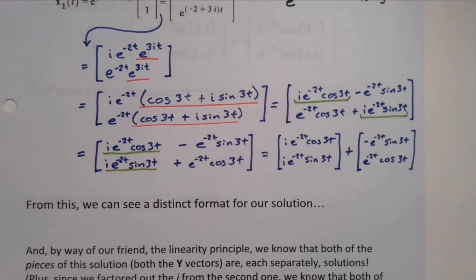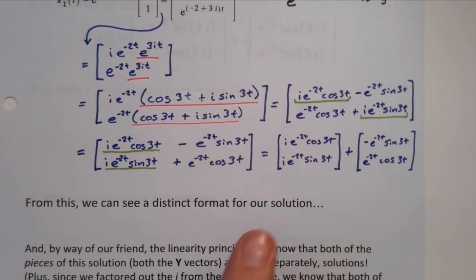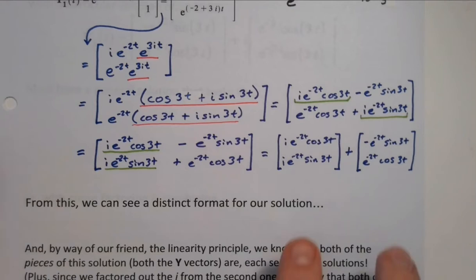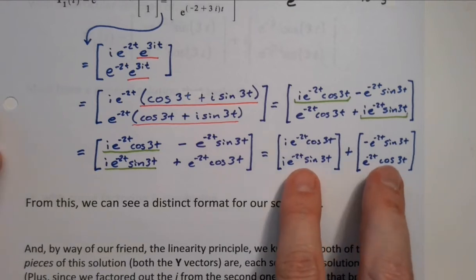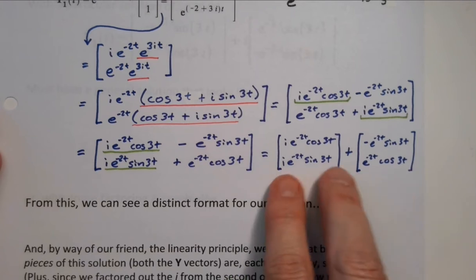My trick here is this i is actually a constant. It's just a constant. So I could factor out the i. And really what we have here is two parts distinct from each other. They're not linear multiples of each other.